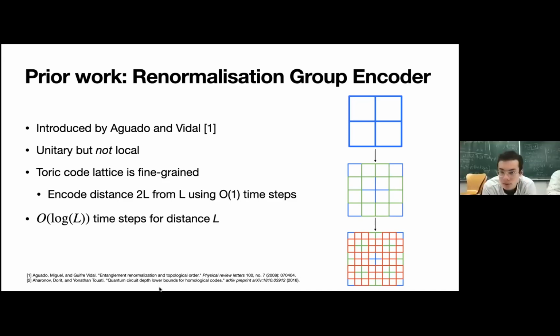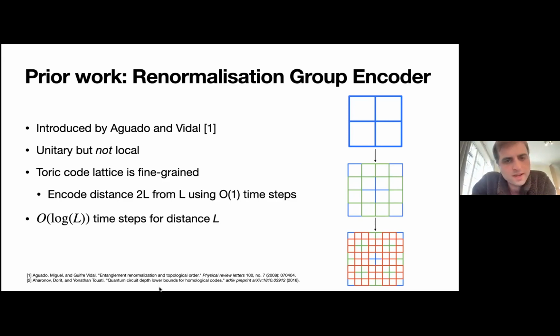But they don't assume locality, on stabilizer codes, and they are logarithmic in the distance. Right, so for unitary circuits, there is this log L lower bound, and it was matched by this Aguado Vidal paper.